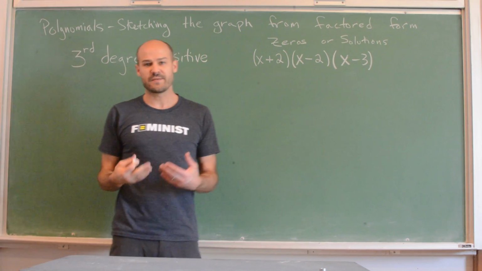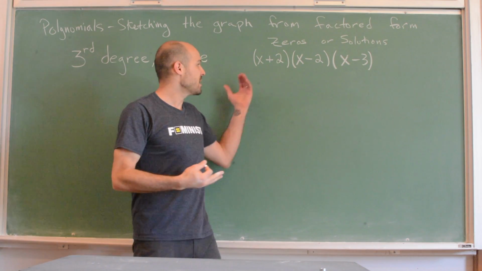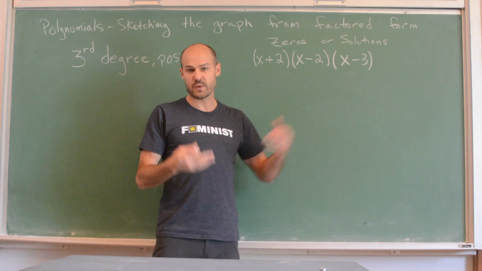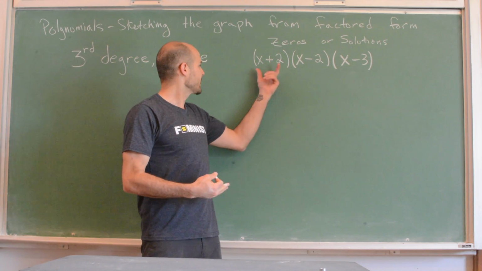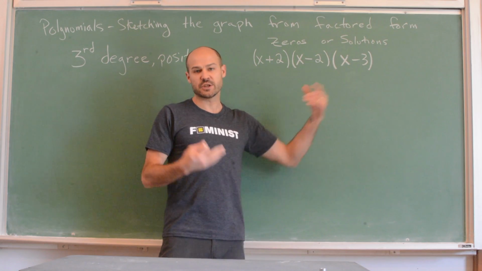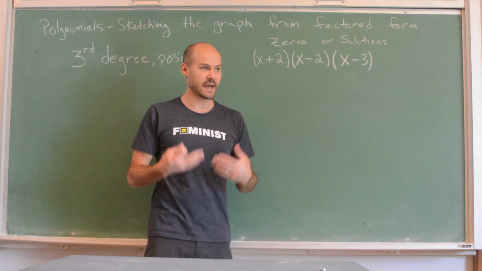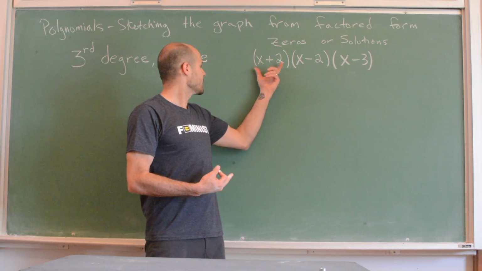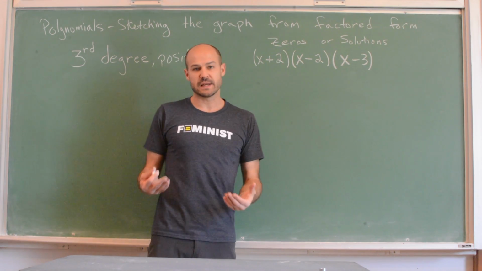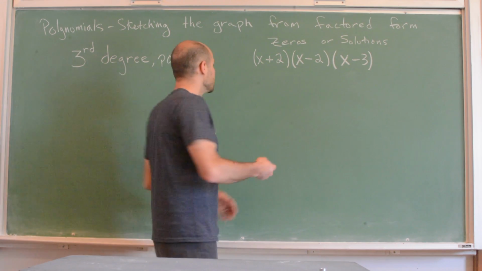To do that, we're going to find the values for which this polynomial is 0. And we get to take it piece by piece. We're going to look at each factor to determine when each factor would be 0, for what x coordinate our factor here would be 0. And that's going to be an individual solution to our polynomial.